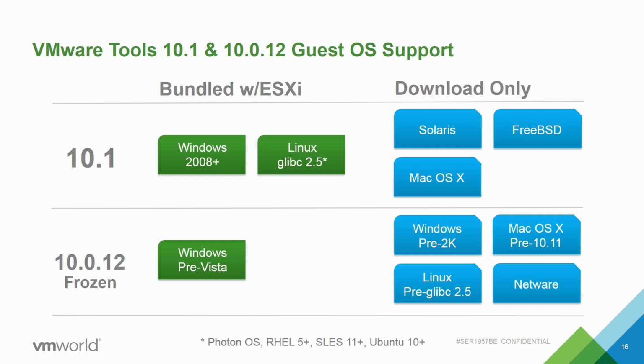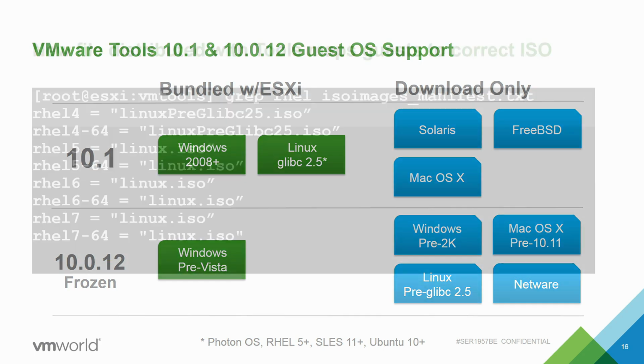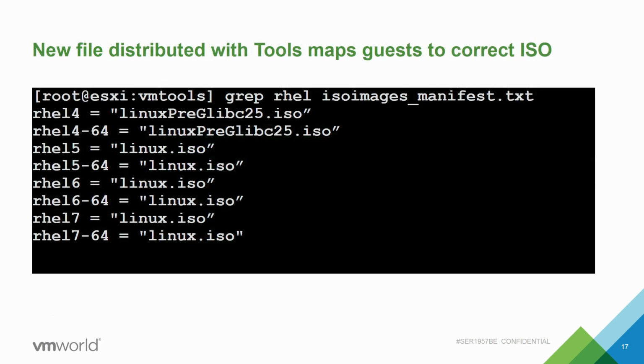So that's the difference. Now, in order to accommodate that change where older versions of Windows use a certain version of tools, newer ones use a different version, same thing for Linux. I'm showing Red Hat on the screen here. We made a change in how the tools are detected according to the guest operating system.